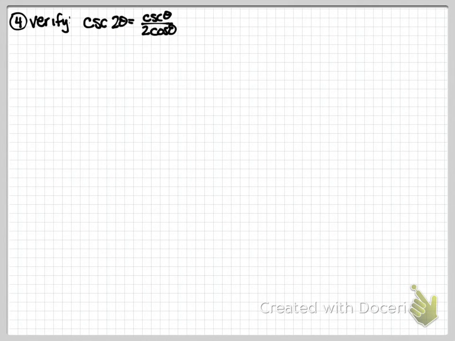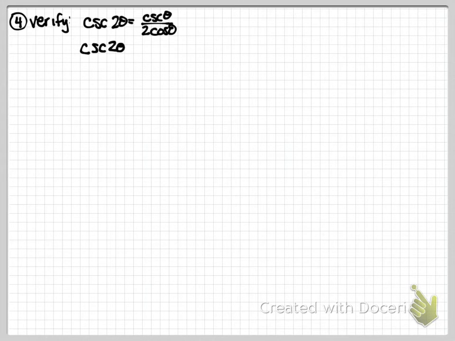Now we have a proof. Okay. So there's a couple of things we can do. We can either start with the left side or start with the right side. I'm going to start with the right side. Now the thing to remember is we always want to keep looking at that other side to see if we're getting there.